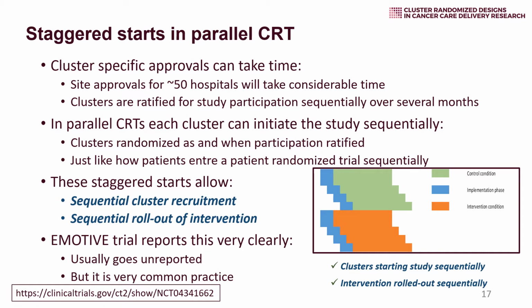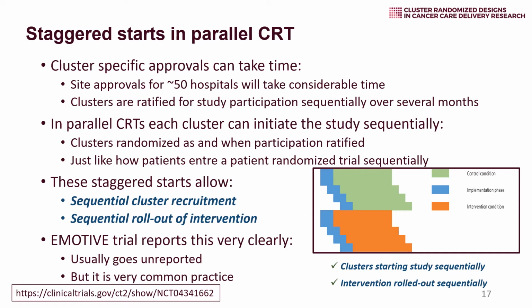Now, in a parallel cluster trial, each cluster can initiate the study sequentially, and they can be randomized as and when their participation is ratified, just like how patients enter a randomized trial sequentially.